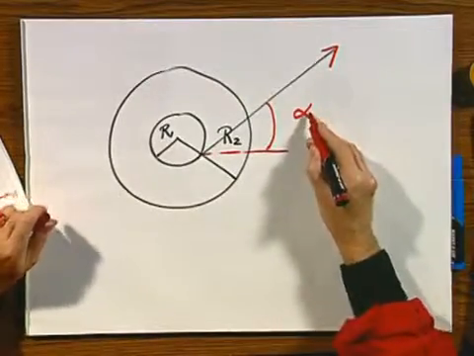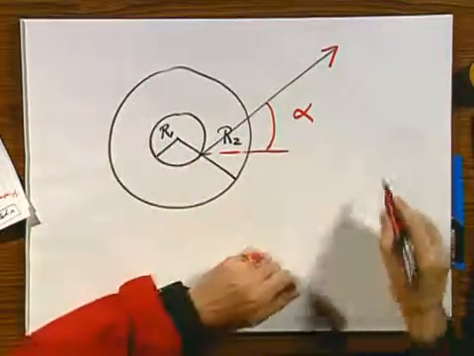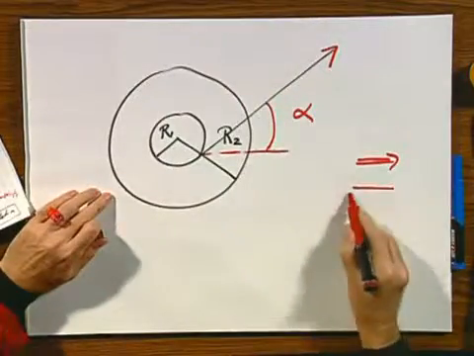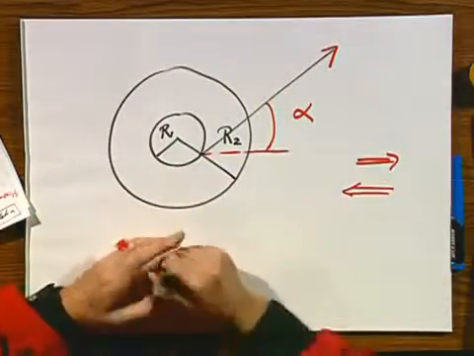If alpha is small enough, the yo-yo will come in this direction. If alpha is large enough, the yo-yo will move away from me in this direction. By no means so obvious, but I will show it to you. And I want you to prove at what angle, depending upon R1 and R2, this is going to happen.